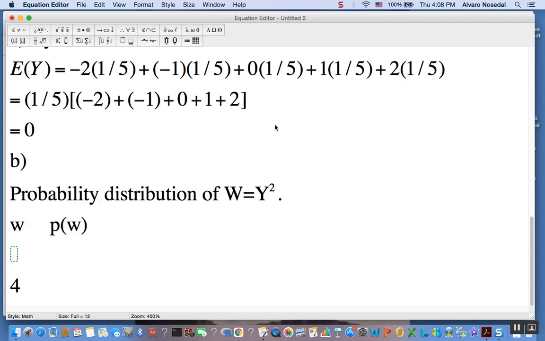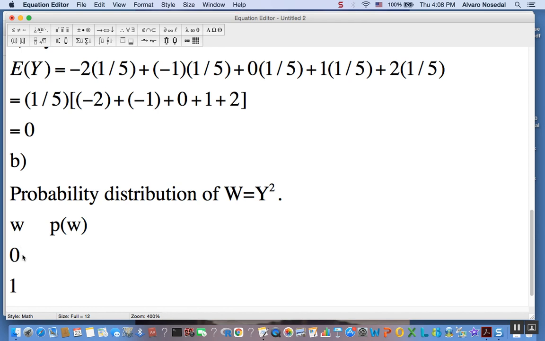So another possible value will be 1. And the remaining possible value for the original random variable Y is 0. If you square it, you end up with a 0 again.